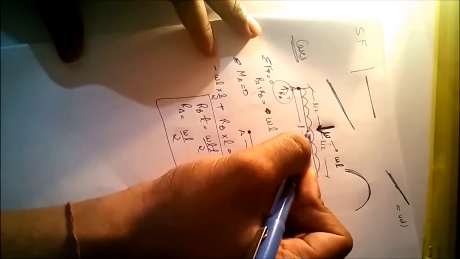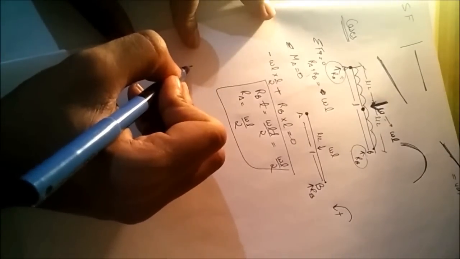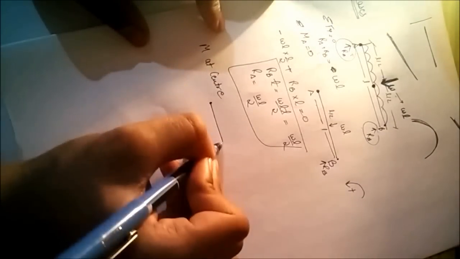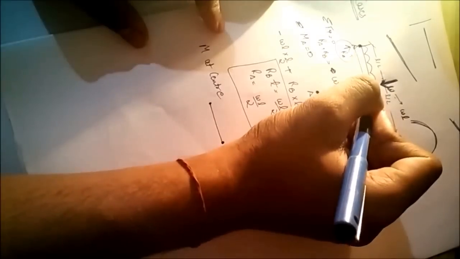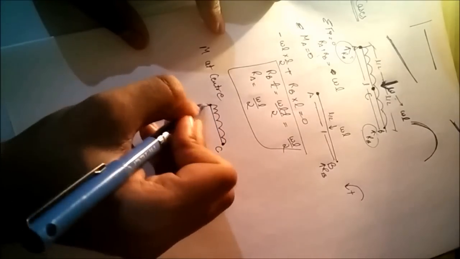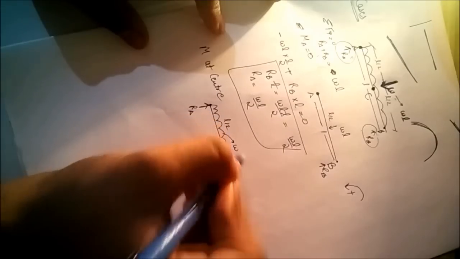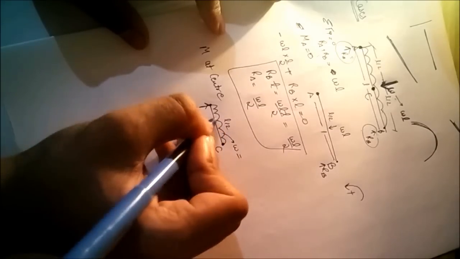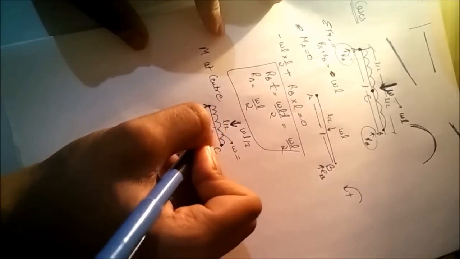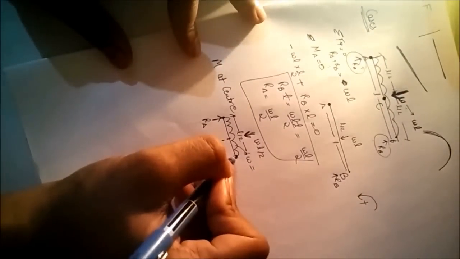Now, for finding the bending moment at the center, we will make another free body diagram till point C. It has Ra, and its UDL will be omega L by 2, which will act at its center, at distance L by 4.